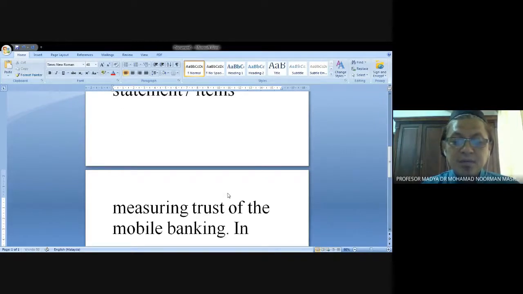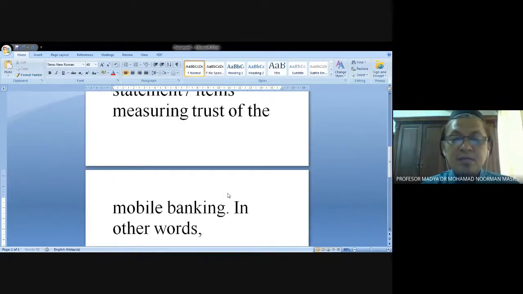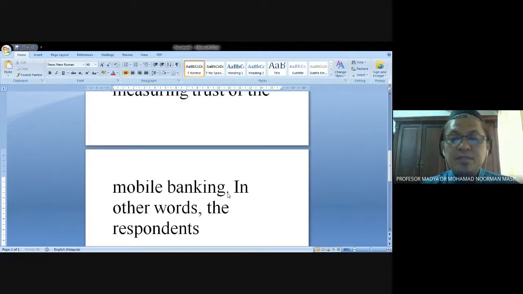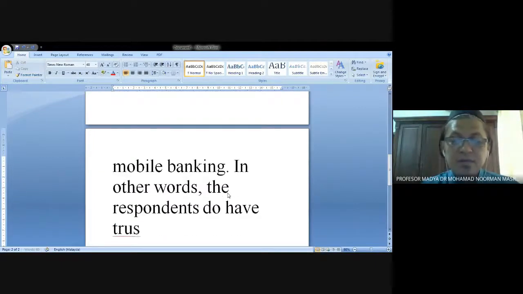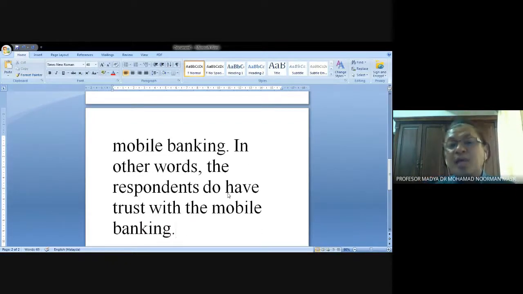In other words, the respondents do have trust with the mobile banking. Okay, that's how you interpret.